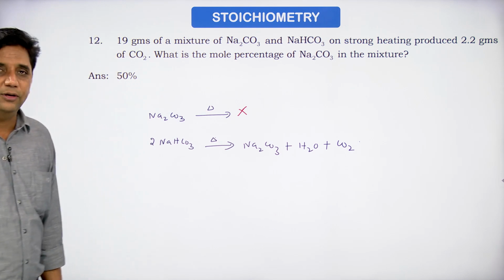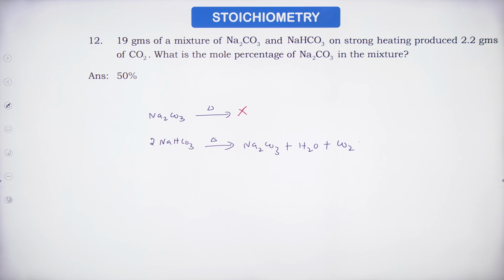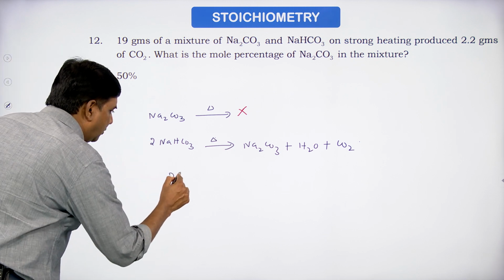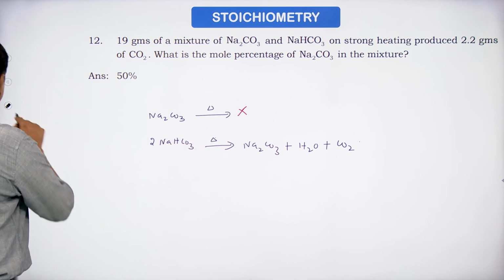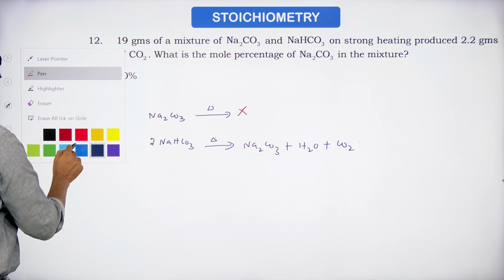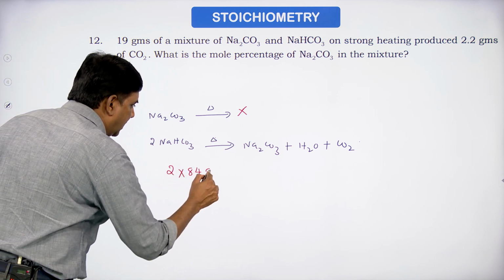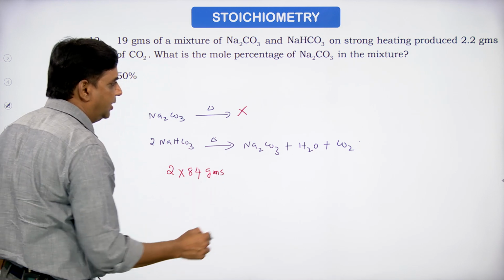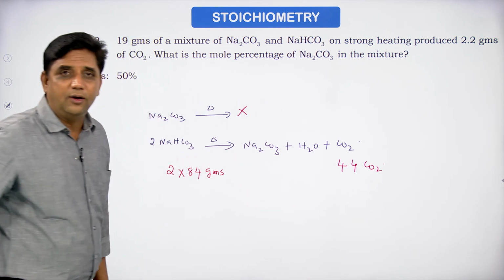This is the equation. And NaHCO3 mass is 84 grams. So, 2 into 84 grams I am writing here according to this stoichiometric equation. 2 into 84 grams will give you 44 grams of carbon dioxide.